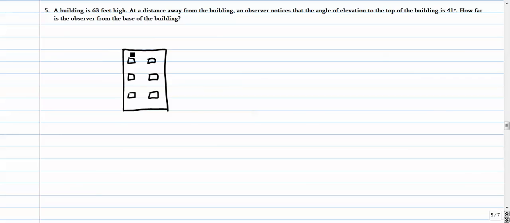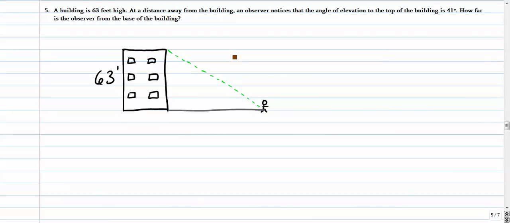So here's our building, right? The building is 63 feet high, and there's an observer over here somewhere, right? And that observer is looking up at the top of the building, and they're noticing that this, I'll draw it dotted, this line of sight provides an angle with the ground.